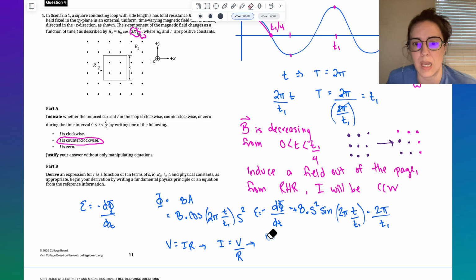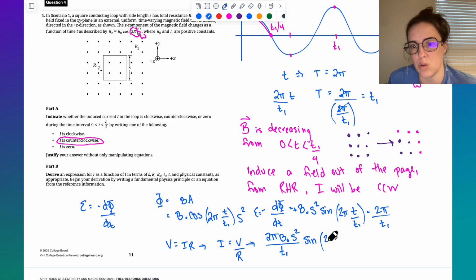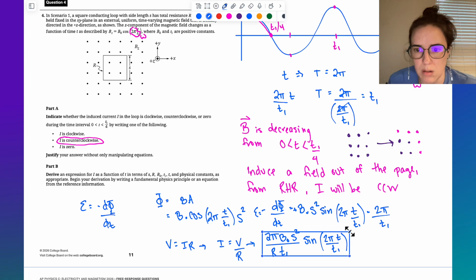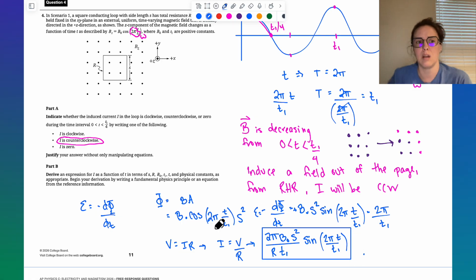So that's going to be 2 pi B naught S squared over T1 sine of 2 pi T over T1, and then all divided by R. So I'm going to slap that R down there. So there's my induced current, and we already said what direction it was in. So I honestly don't care about plus and minus signs at the end of the day, because we already found the direction.